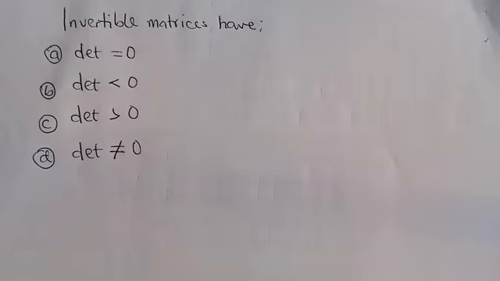And because of that, it is not invertible. It means that it does not have an inverse. So for this particular question, a matrix is only invertible if the determinant is not equal to 0. Once the determinant of that matrix is equal to 0, that is a singular matrix. So the correct option here is option D. Invertible matrices have determinant not equal to 0.